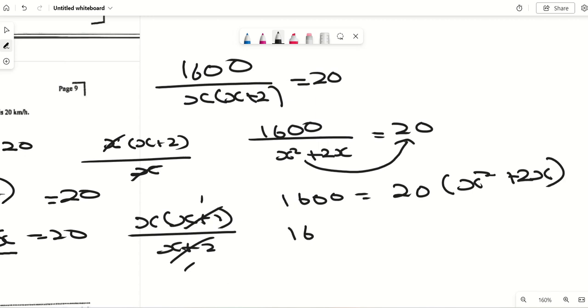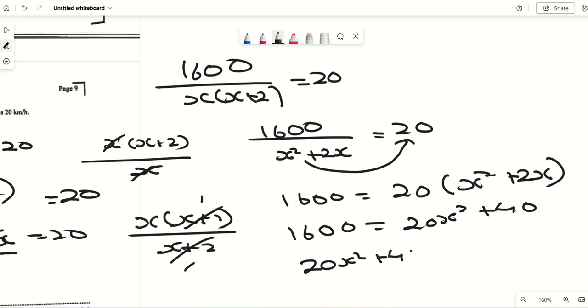So that's 1600 is equals to 20x squared plus 40x, right? And you want this equal to 0. So it's 20x squared plus 40x, and you're going to carry across that 1600. The opposite of plus 1600 is minus 1600 is equal to 0.